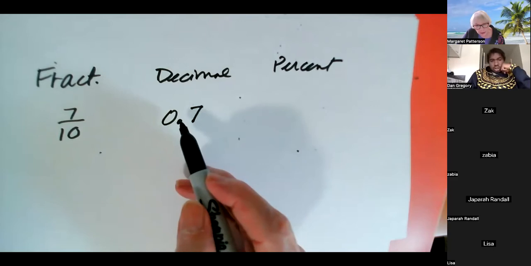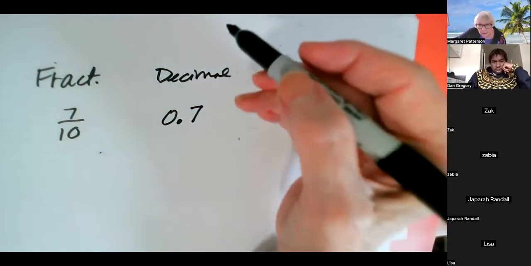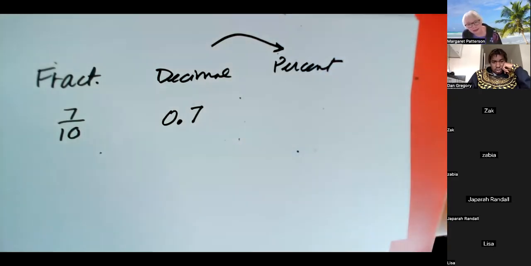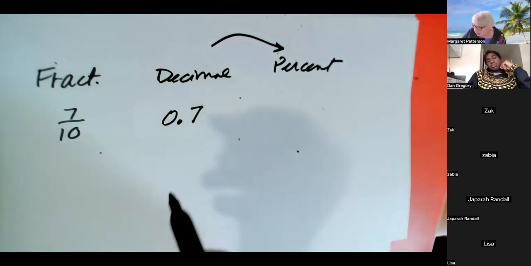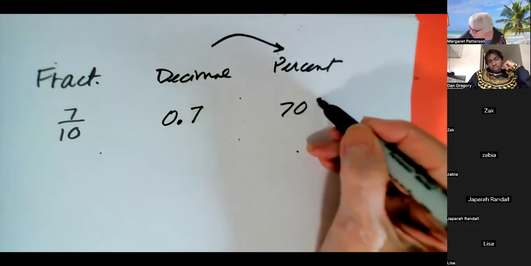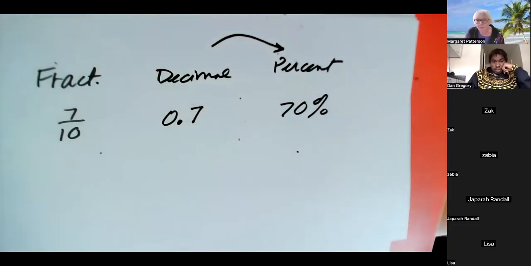What happens? 0.07? Is it 70%? We're going this way, right? Which means we're going the same direction the chart is trying to help you. 7%? 70%.